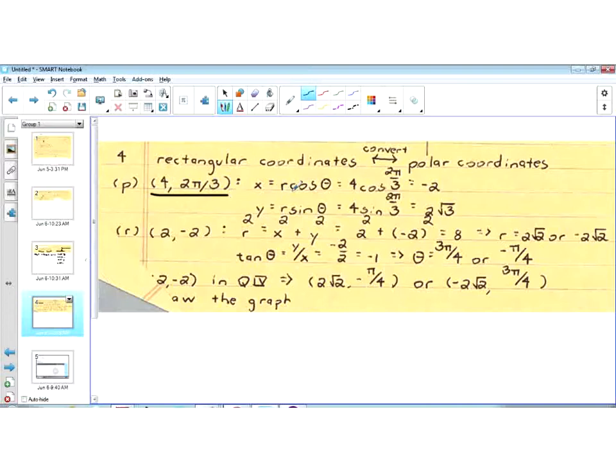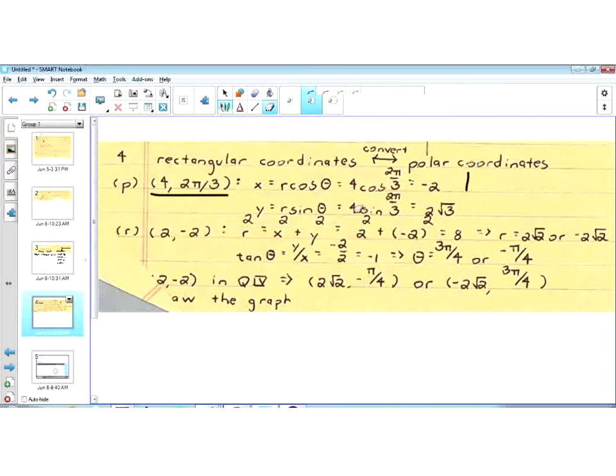Well, using the formula, we know that x is equal to r cosine theta, so if we plug in r equals 4 and theta equals 2 pi over 3, we know that the cosine of 2 pi over 3 is negative 1/2. Okay, and so negative 1/2 times 4 is negative 2, so this would be the abscissa of the rectangular point.